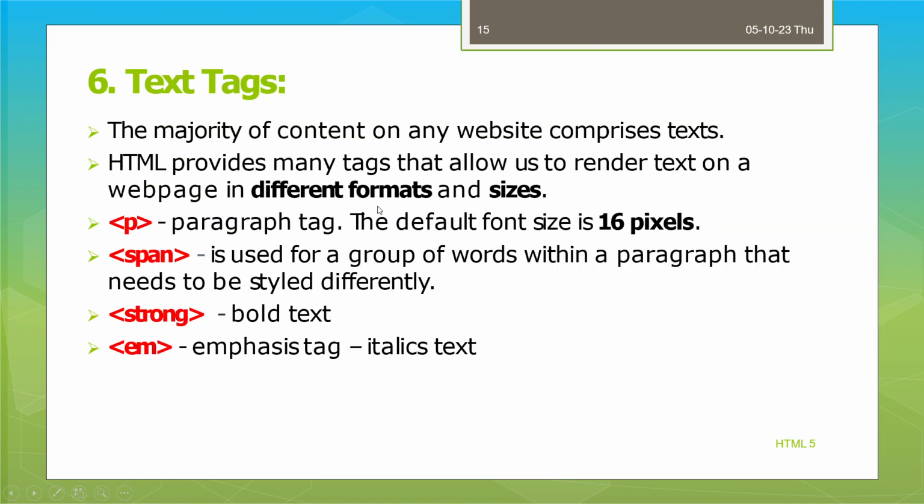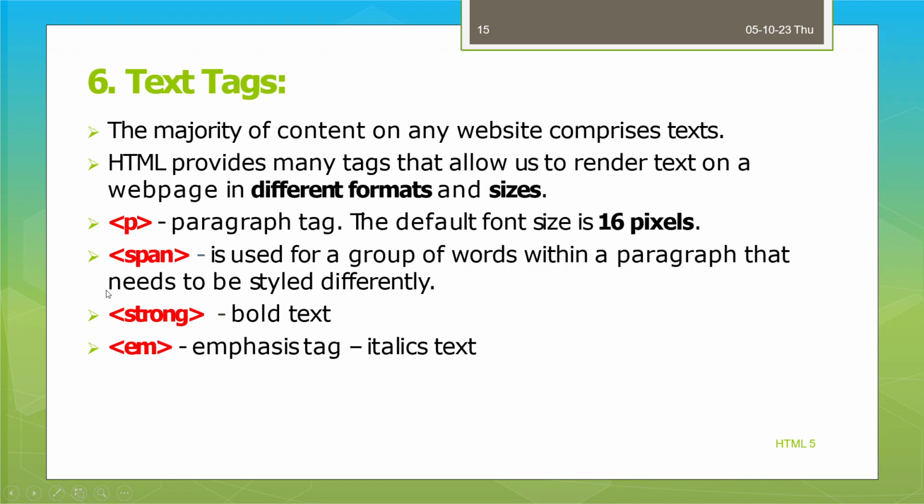Then text tags. There are a few text tags, of which the p tag is used to insert a paragraph into our web page. The span tag is used to group a few words within a paragraph, grouping some words and applying some specific style to that group of words.